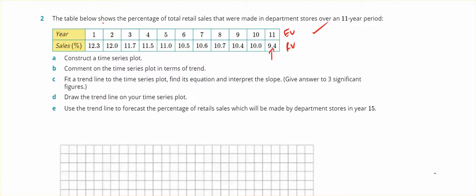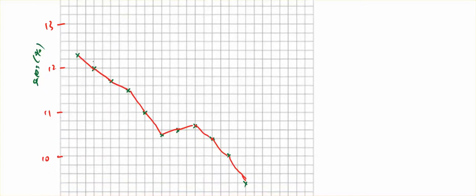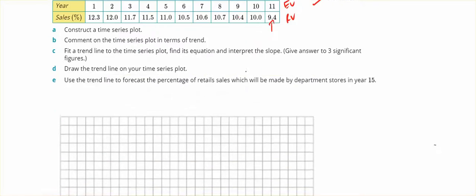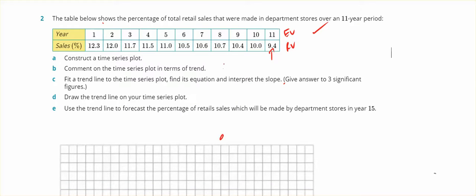We can see from the time series plot what the general trend is. It's going down, right? The official term is decreasing trend. So there's a decreasing trend, overall decreasing. So we've done the trend, we commented on the time series plot.